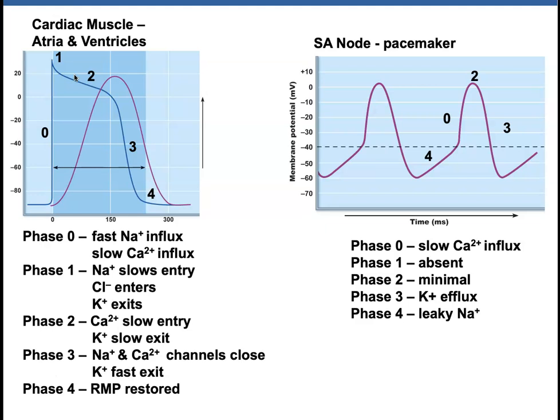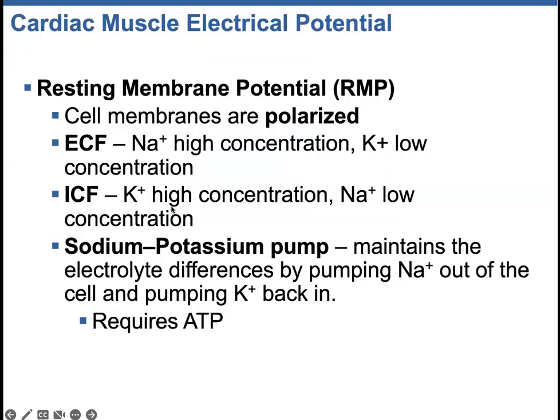And so what I'm going to go through right now is explain what happens in each of these 0 to 4 phases, and what is happening in cardiac muscle tissue, so that you understand why this looks so weird, all right? The blue is the actual cardiac muscle. So you understand that we have resting membrane potentials.